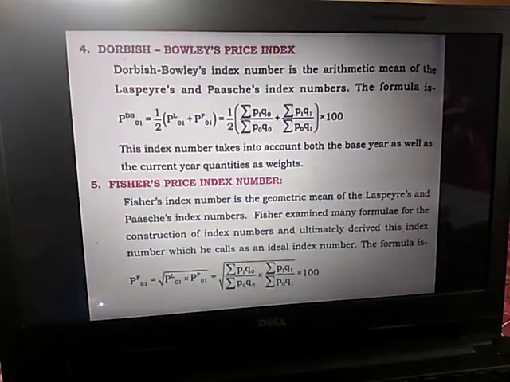The next method is Dorbish-Bowley's price index. Dorbish-Bowley's index number is the arithmetic mean of the Laspeyres and Paasche's index numbers.